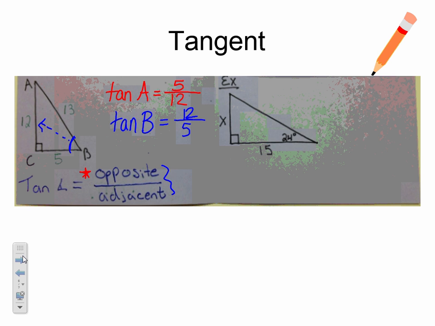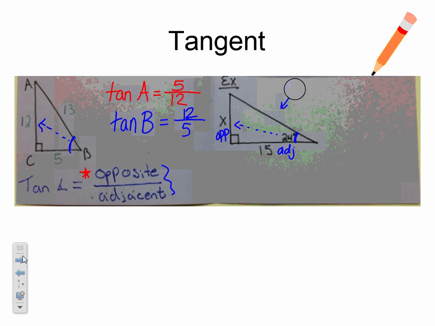So let's go ahead and do another example like we were doing, using these ratios to find the x. Let's look at this picture here. We're given this acute angle of 24. So let's pretend we're standing at the 24. If I look across from the 24, I see that this is my opposite side and 15 is my adjacent side. Notice I don't have anything on my hypotenuse, so I know all I need is opposite and adjacent.